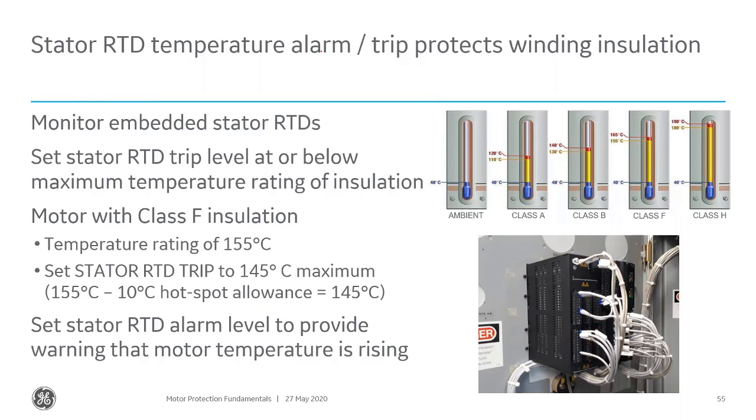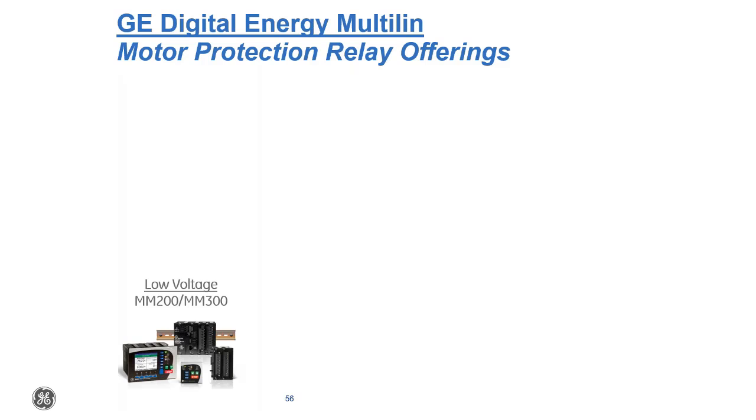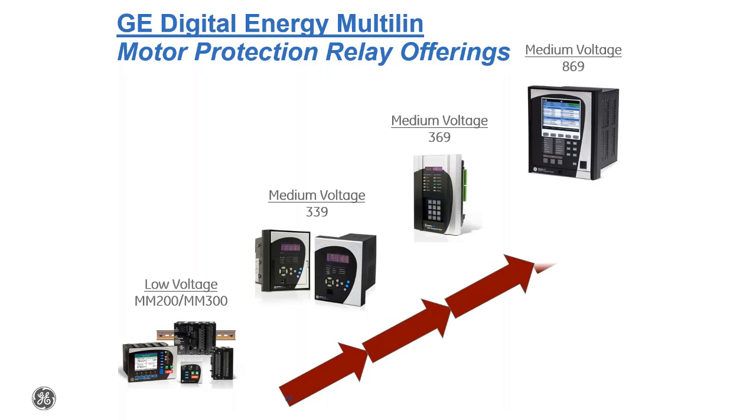Now, with that said, let's talk about, in the last few minutes I've got before I address questions, the family of relays that GE offers to protect motors. On the low end for low voltage motors, we have the MM200 and MM300. These are targeted to low voltage motors, 480 volt, maybe even 120 volt.